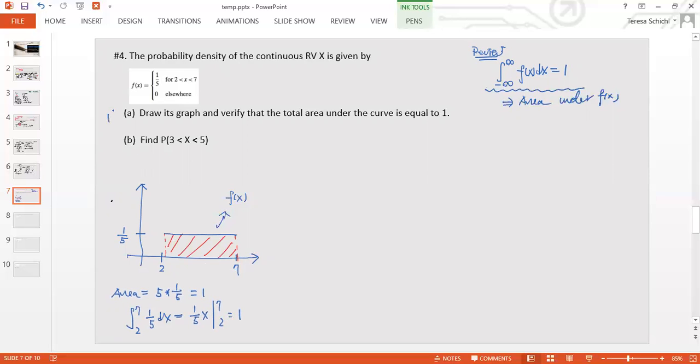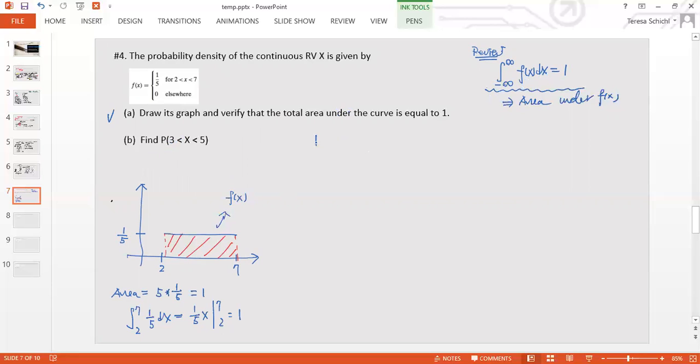So this is the first part I asked you. The total area under the curve is equal to 1, so that means it satisfies the requirement to be a probability density function for the random variable x. And then now I'm going to find the probability for x from 3 to 5.